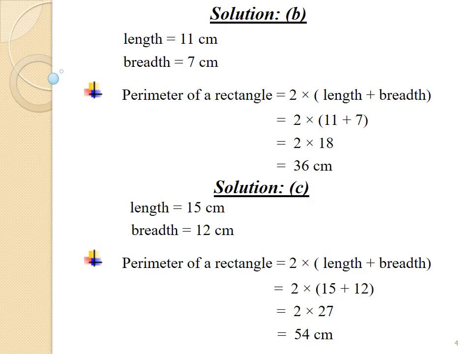Now, sum C. Length equals 15 centimeters. Breadth equals 12 centimeters. Thus, perimeter of a rectangle equals 2 into length plus breadth equals 2 into 15 plus 12 equals 2 into 27 equals 54 centimeters. Thus, perimeter of the rectangle equals 54 centimeters.